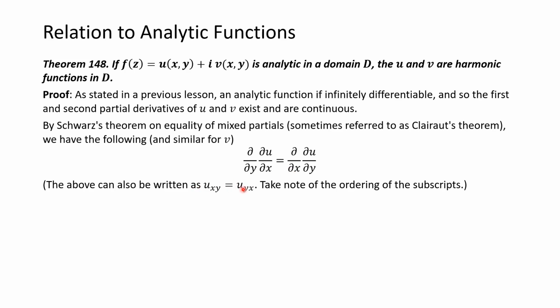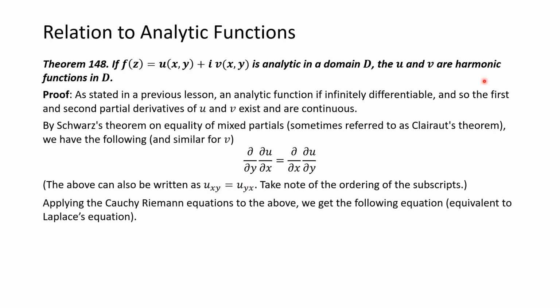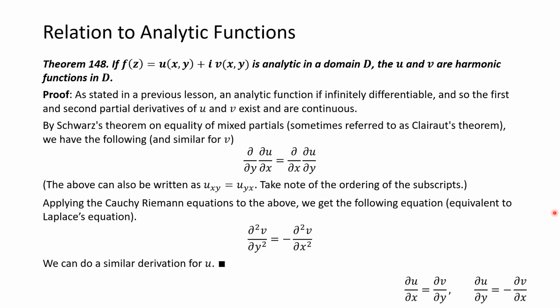And we can write it this way too, just as a matter of notation. And then we have the Cauchy-Riemann equations, which you may have forgotten, but I've written them down here on the bottom right.